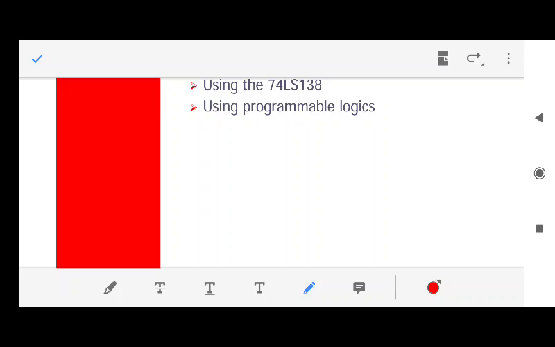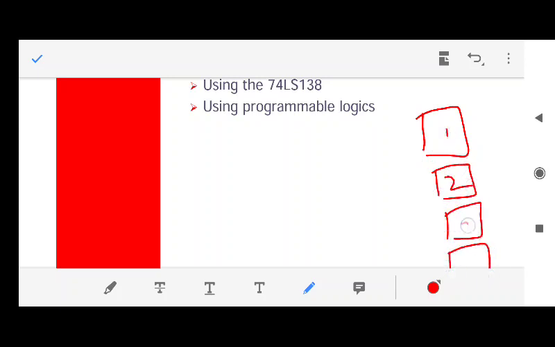Fine. For example, if you have 4 memories, first, second, third and fourth. What are these? These are 4 memories which need to be interfaced with 8051. Now they all are of what size?